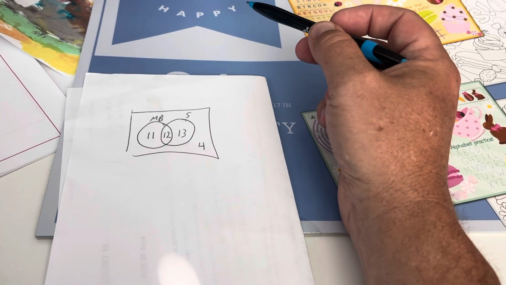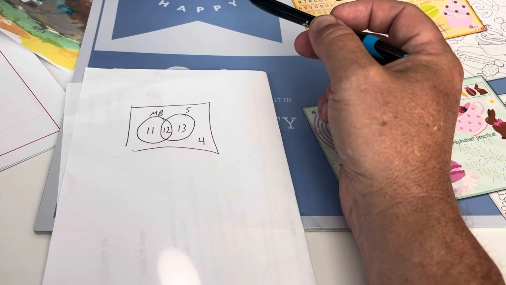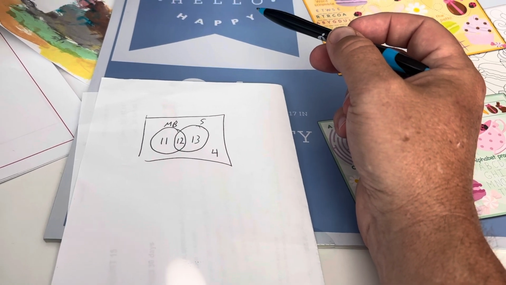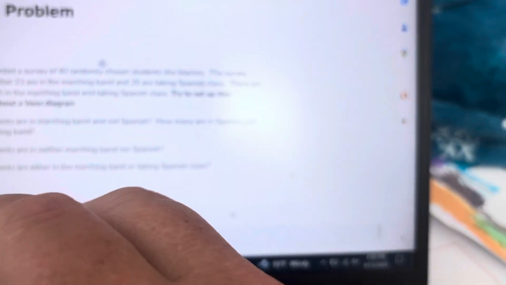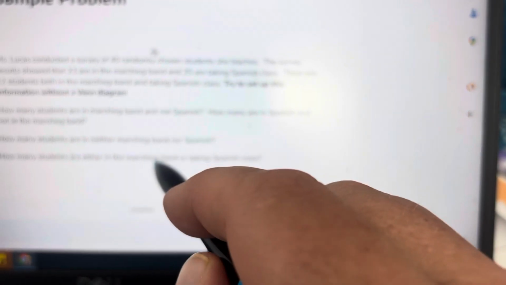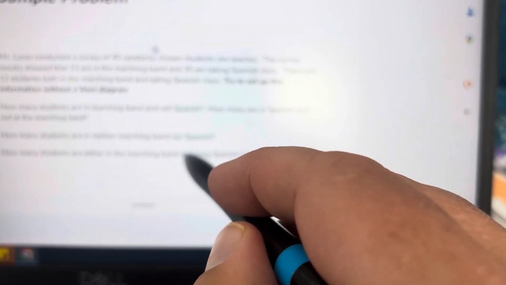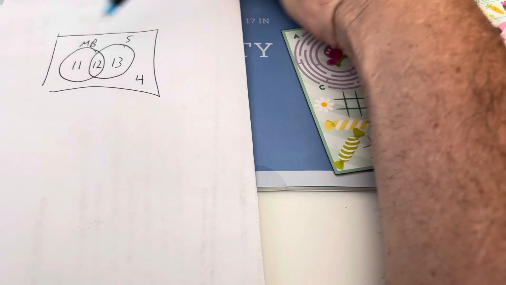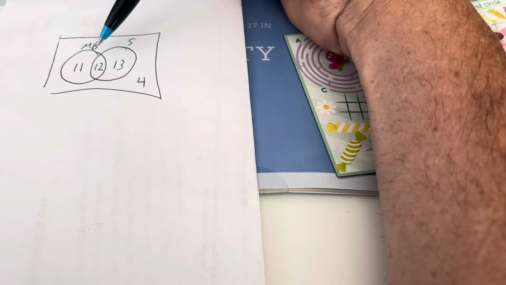Okay, and then how many students are either in the marching band or taking Spanish class? This is where it gets tricky when you have a question like this. That "or" is inclusive, okay? So that would be everybody that's in my marching band circle and everybody that's in my Spanish circle.